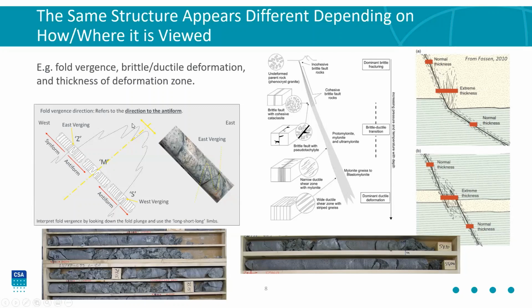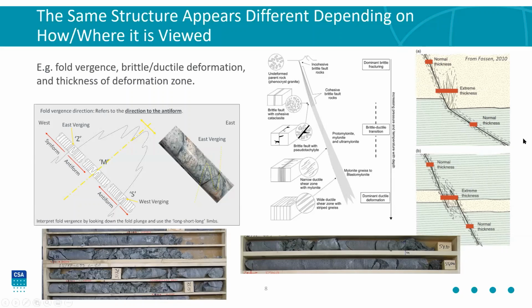So you have to interpret that, and so to understand that these differences occur. Another classic example is the way you move from brittle type structures through into the ductile realm in depth, and bearing that in mind, particularly if you're working on a larger scale system, that might be important.